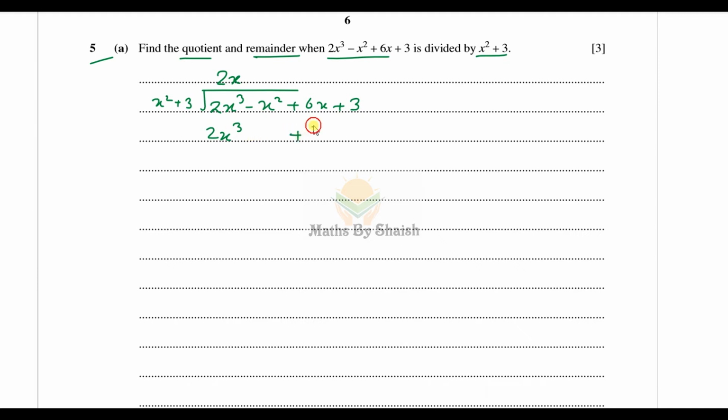plus 6x. I'll write below the like terms, and then we will change the sign, minus minus, this got cancelled, this also got cancelled. We are left with minus x squared plus 3.